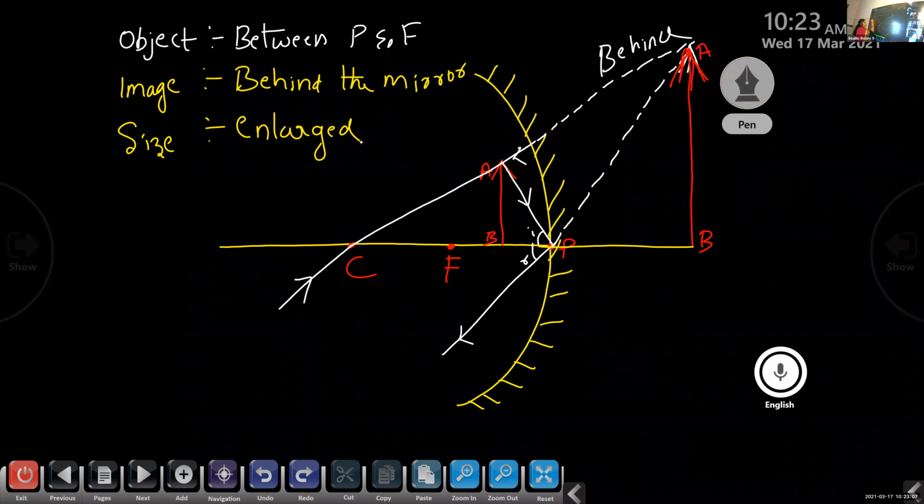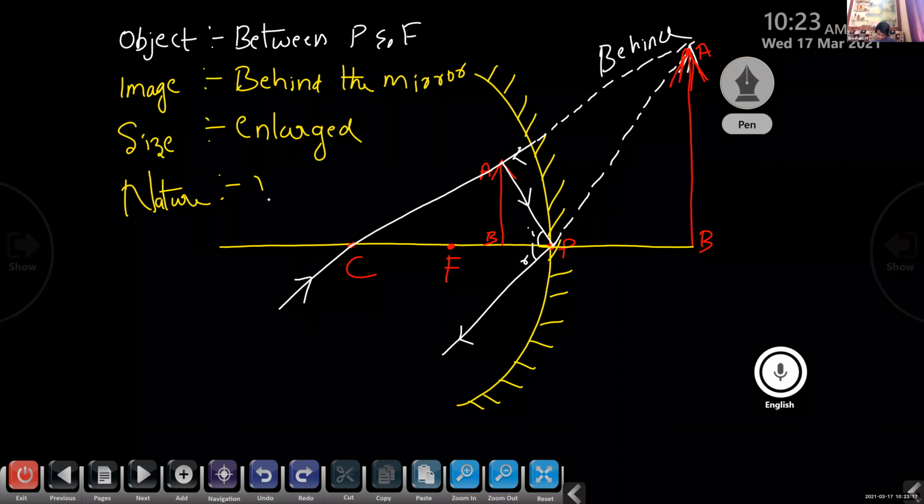And what about the nature of the image? Is it real and inverted or virtual and erect? Yes, it is virtual and erect. Clear?